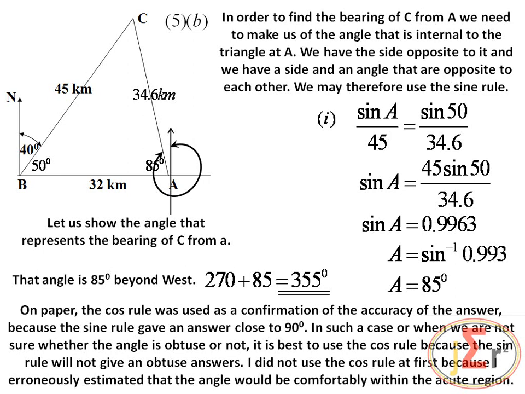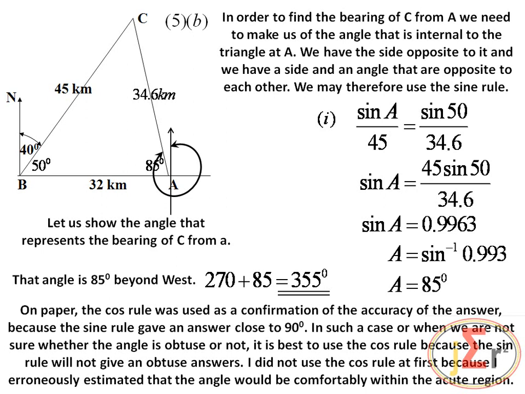In the event that the angle is obtuse, when you use the sine rule to work it out, you will not get an answer that is obtuse. You will get an acute value. So if you are not 100% sure that the angle is acute, do not use the sine rule.